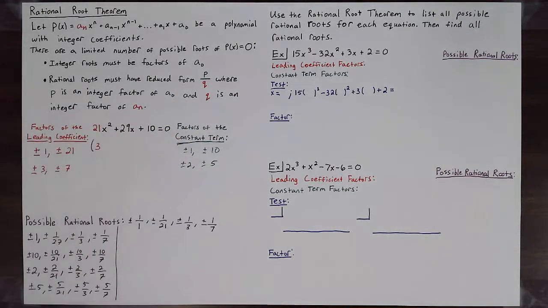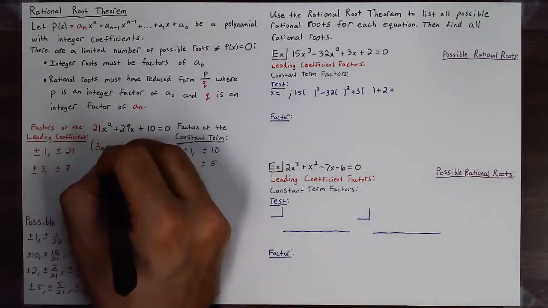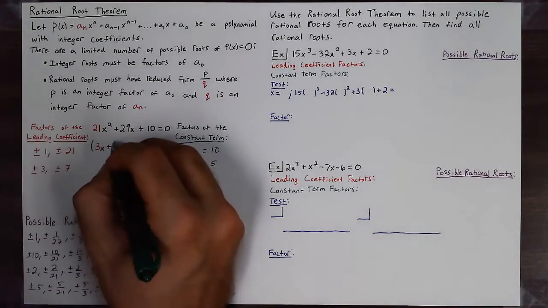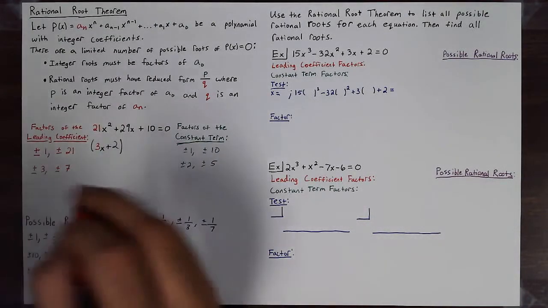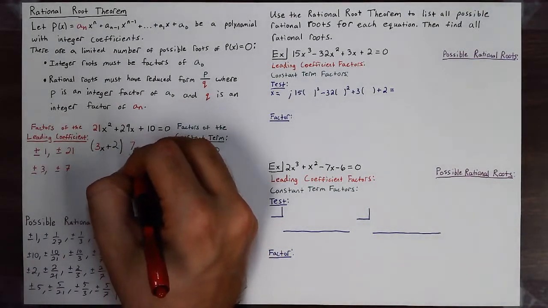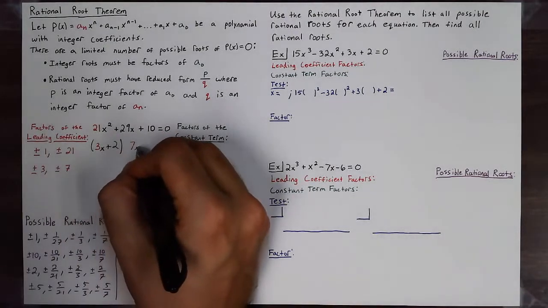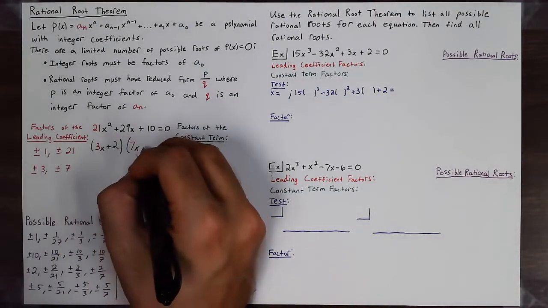So give me 1 second to write that down. So 3x plus 2 and 7x plus 5.